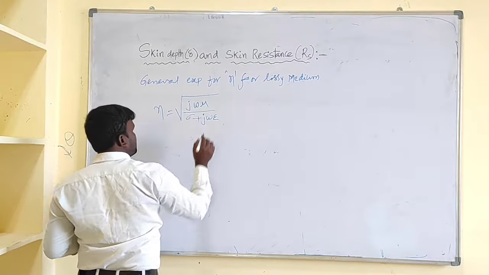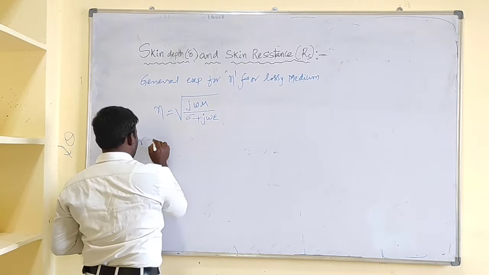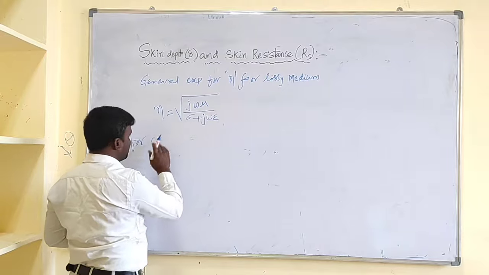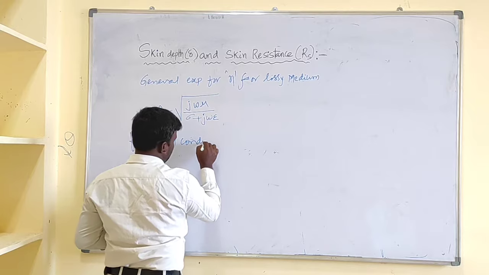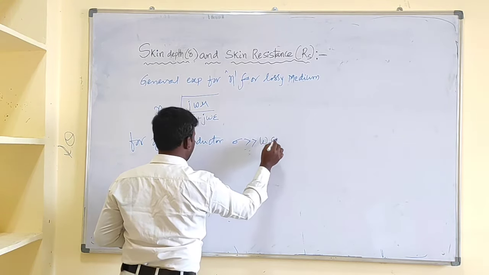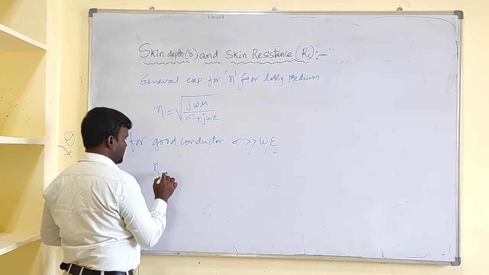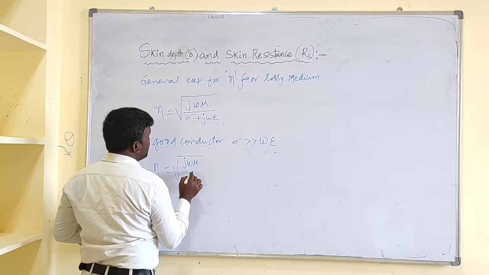Skin resistance is defined for a good conductor. For a good conductor, sigma is greater than omega epsilon, which means we can neglect omega epsilon. We can write eta as the square root of j omega mu by sigma.